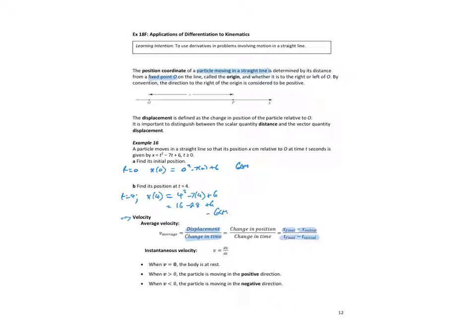The instantaneous velocity is dx dt, the derivative of my position. All right? So remember, the gradient is the rise over the run, and in a position time graph, the gradient is the change in position over the change in time. So that's my average. The derivative of that is the gradient of that graph, which is also the instantaneous velocity.